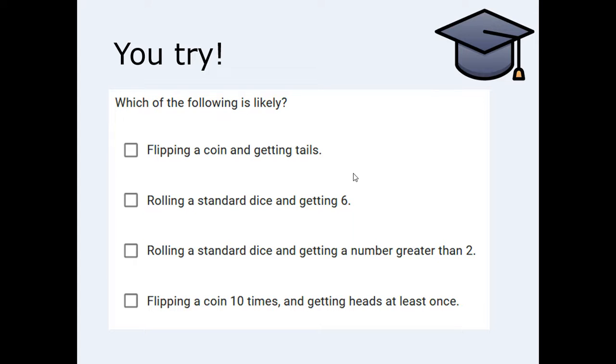Okay, so hopefully you've got the answer there. Which of the following is likely? Well, this is even, so it's not likely. Getting a 6 is unlikely. Rolling a standard dice and getting a number greater than 2, well, that would be the numbers 3, 4, 5, and 6.